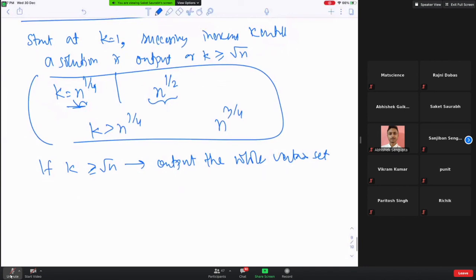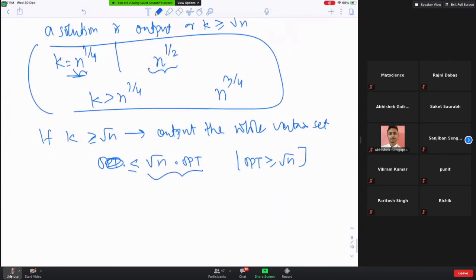So in this case, if K is root n, the solution size which you return is at most root n times opt, because opt is at least square root n, and you have returned a solution of size at most n.